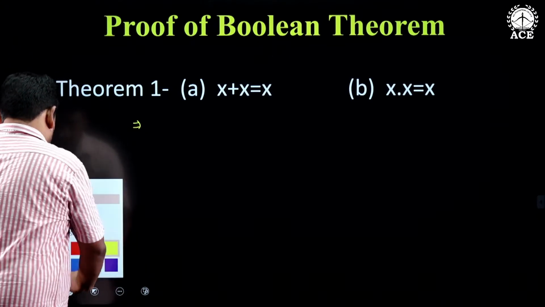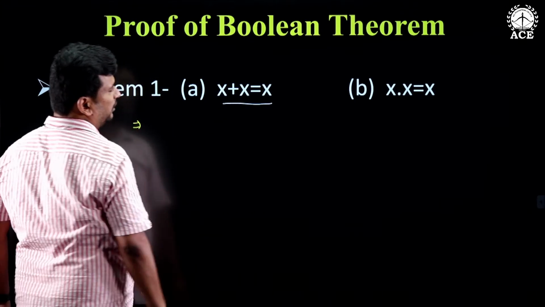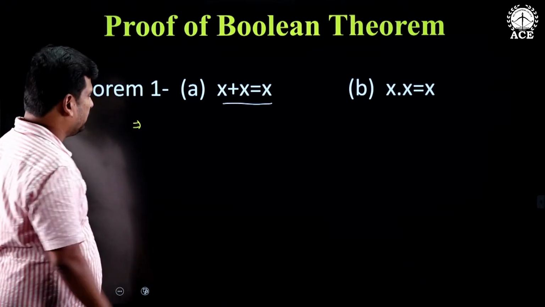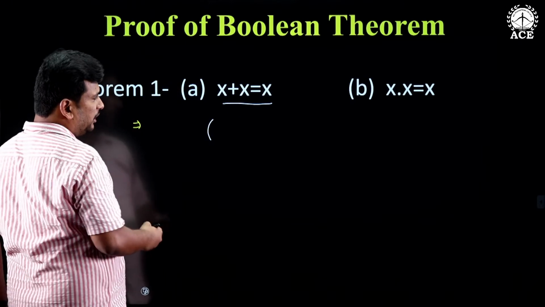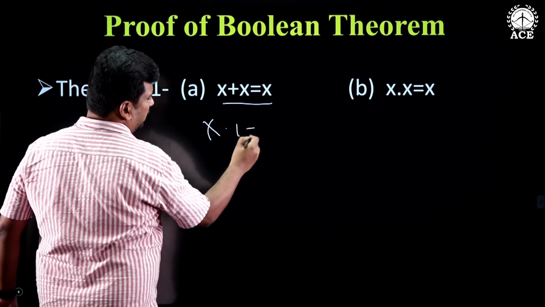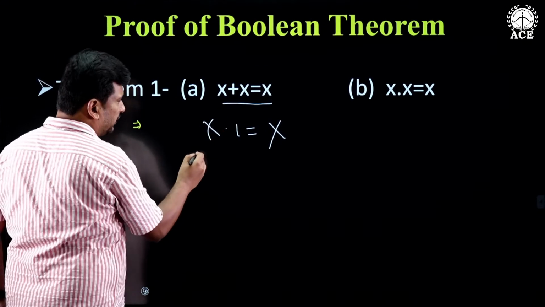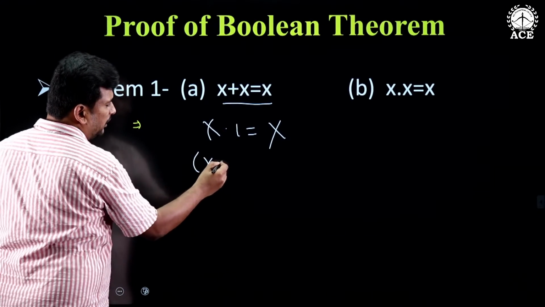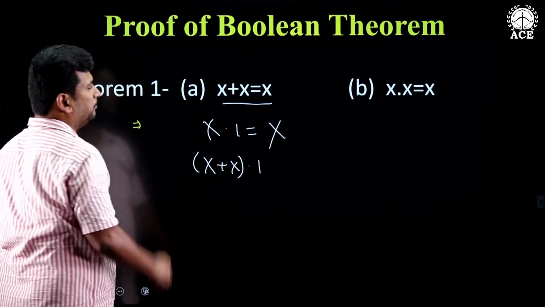X OR with X is equal to X. I have a postulate that X AND with 1 is equal to X itself. So I can write X plus X as X plus X AND with 1.